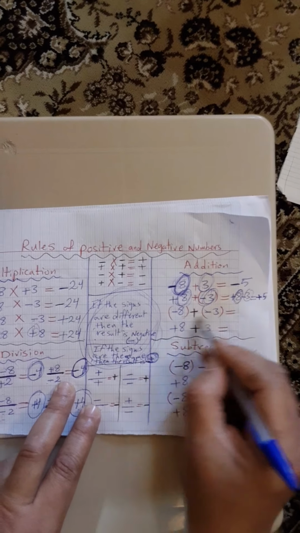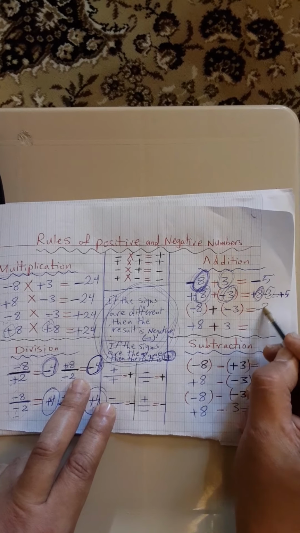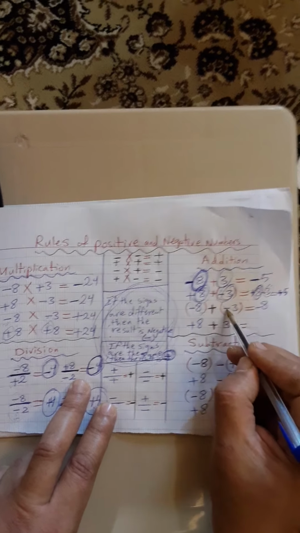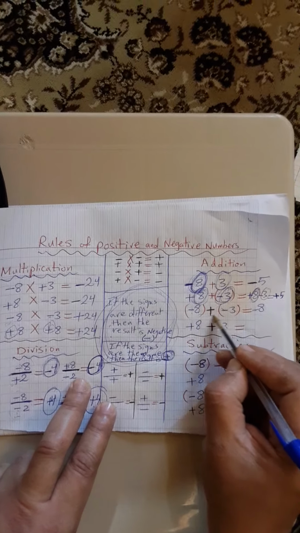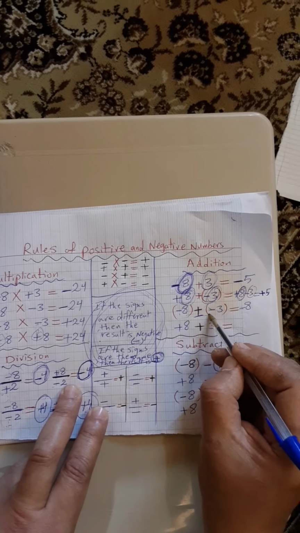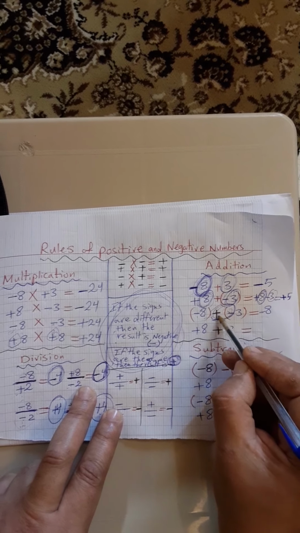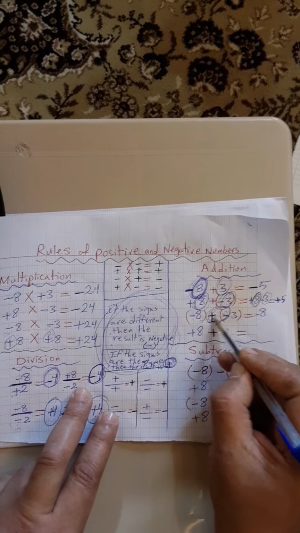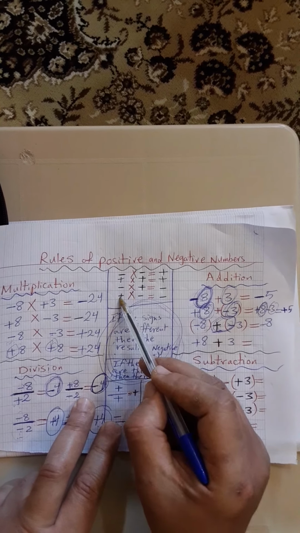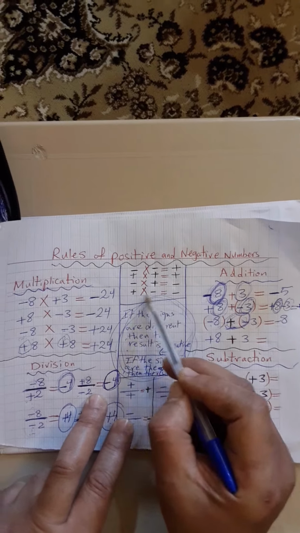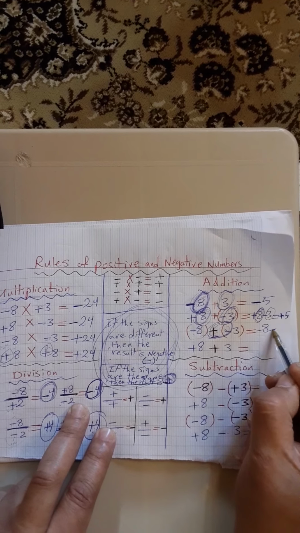Okay, you must remove the bracket in minus 8 plus minus 3. To remove the bracket you must multiply plus and minus. Plus times minus: what is the sign of the result? Plus times minus. The different signs in multiplication give the sign minus.